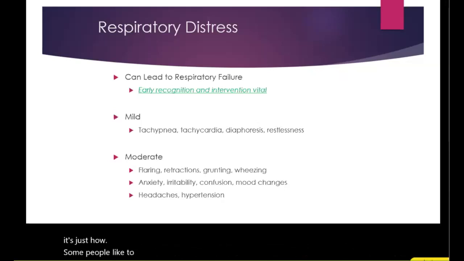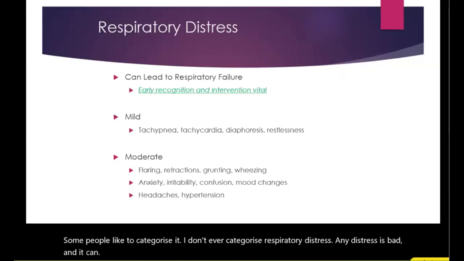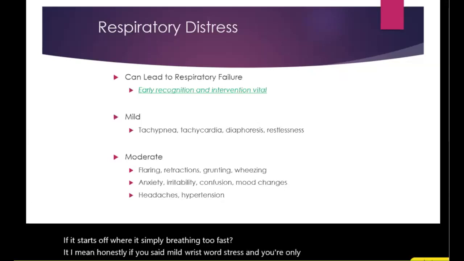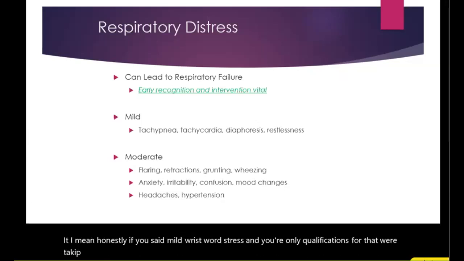I don't ever categorize respiratory distress. Any distress is bad. If you said mild respiratory distress and your only qualifications for that were tachypnea, tachycardia, restlessness, and sweating, you could have that just from someone in pain.